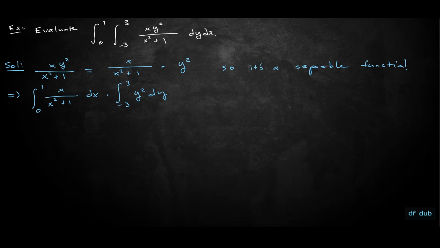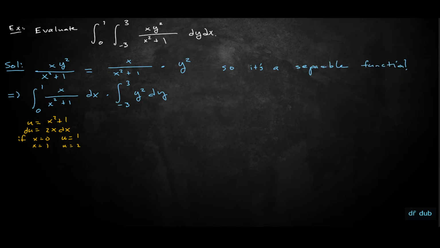Let's see, the first integral, I need to do a u substitution. U equals x squared plus 1, du equals 2x dx. And if x equals 0, u equals 1. If x equals 1, u equals 2.